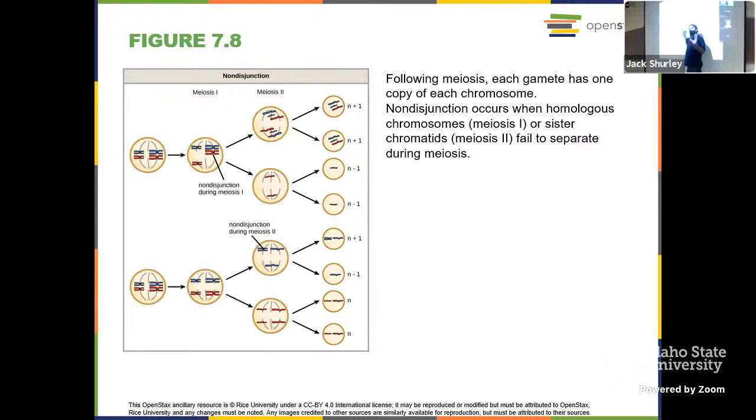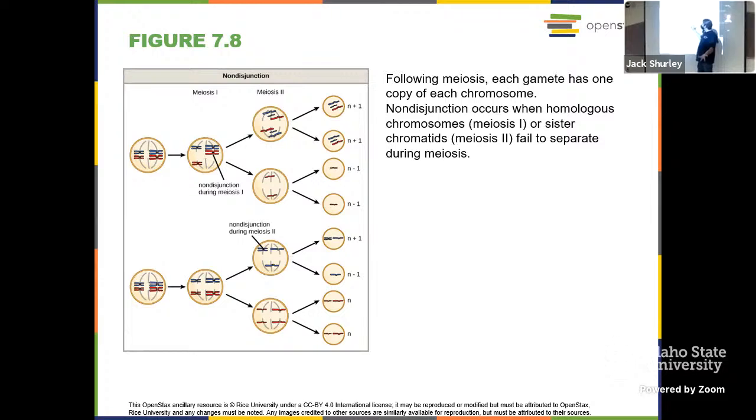And typically, either of these circumstances are going to be bad news. There are a few instances where that cell, that offspring could persist, but oftentimes, if you've got too many or too few, it's the end. Here, we've got the proper stuff happening in meiosis one, separating as they should, but in meiosis two, it doesn't.